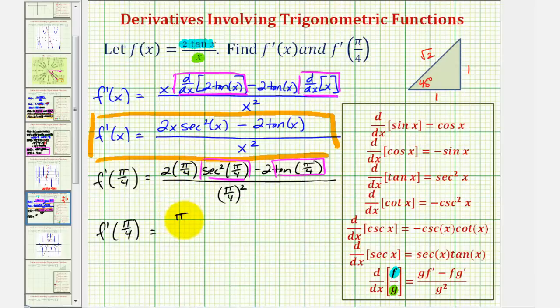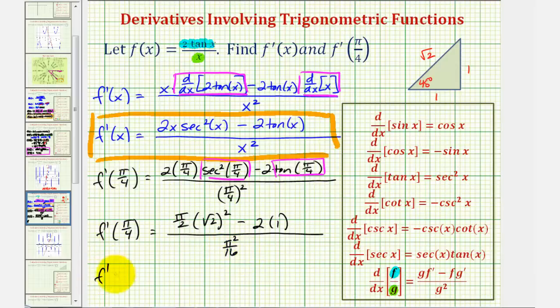So we have pi over 2 times square root 2 squared. Notice how this is secant squared pi over 4, which is secant pi over 4 times secant pi over 4. Then we have minus 2 times tangent pi over 4, which is 1, divided by pi over 4 squared, which would be pi squared over 16.